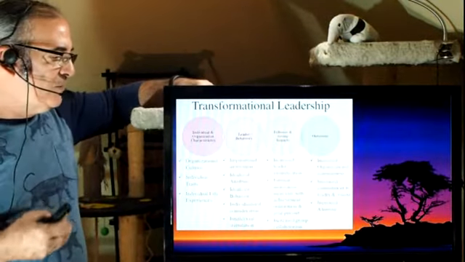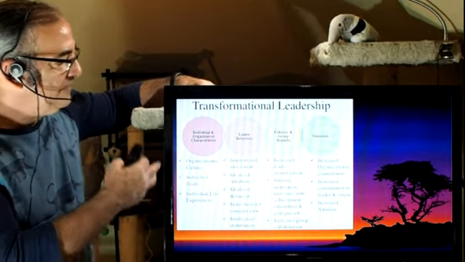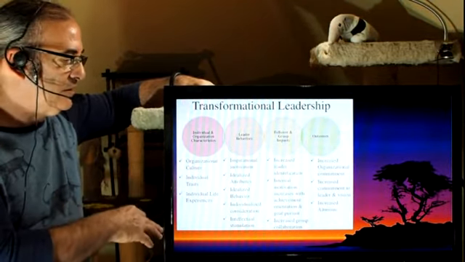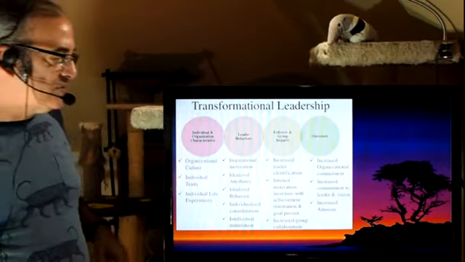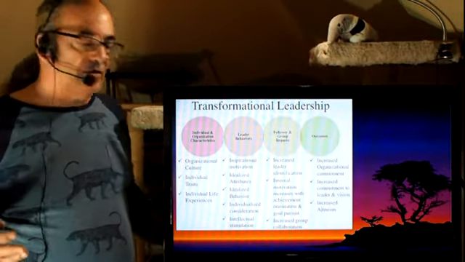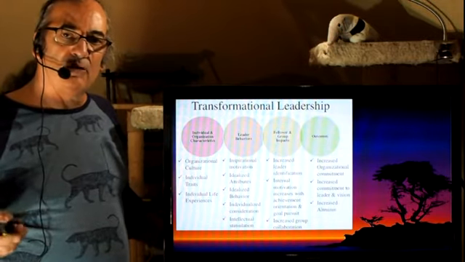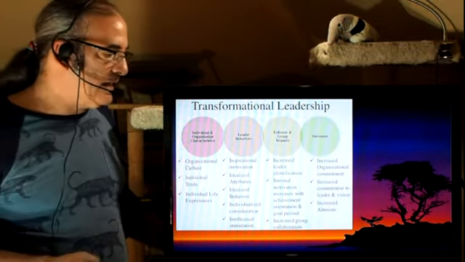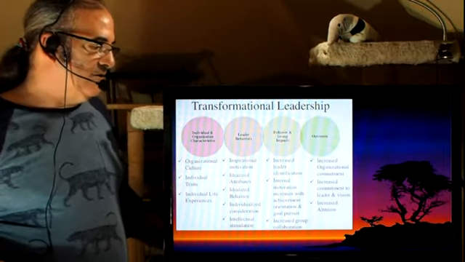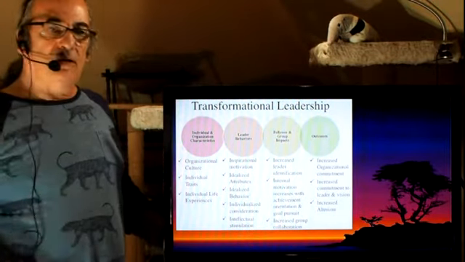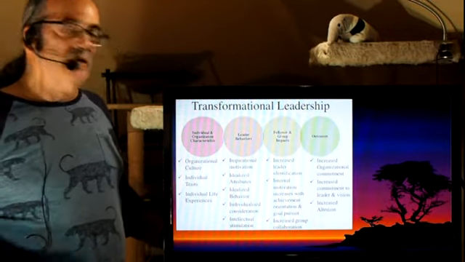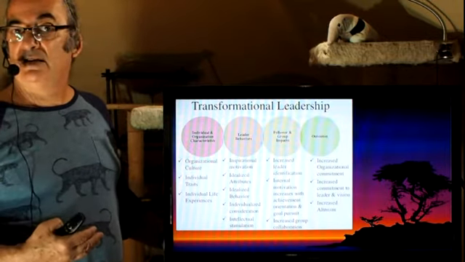So transformational leadership then, right? The individual's organizational characteristics. What's the culture? Does it allow for it? Individual traits, are they going to allow for it? Individual life experiences. Transformational leadership has to take all of this into account, right? The leader behaviors, are they inspirational? Do they motivate, right? Do they possess idealized attributes?